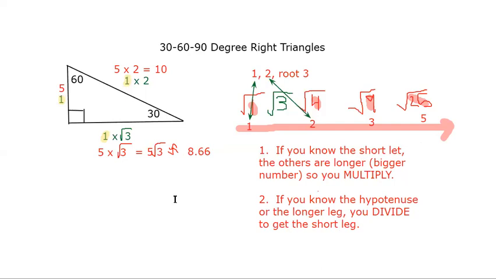All right. Let's say, for instance, that we're given the long leg, not the hypotenuse, but the long leg. We'll put these measurements in blue so you can separate them from everything else. So let's say that the long leg of the triangle is 10.